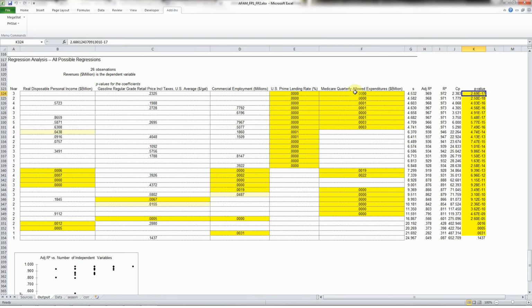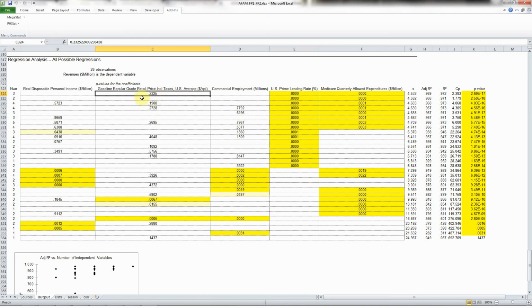The other thing we want to take a look at is the individual slope coefficients. For reliability purposes, we'd like each one of these to have a slope that's fairly confidently not zero. When it's yellow like this, we know that it's significantly not zero at the 0.05 level. In other words, we're at least 95% confident that the slope is not zero.